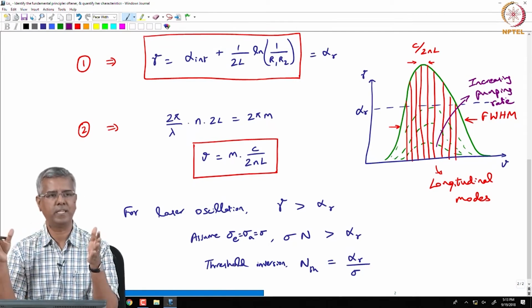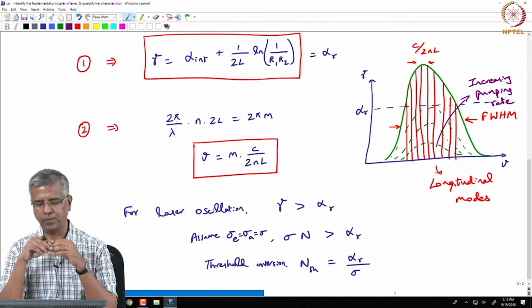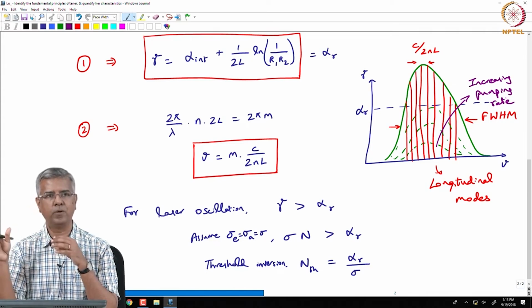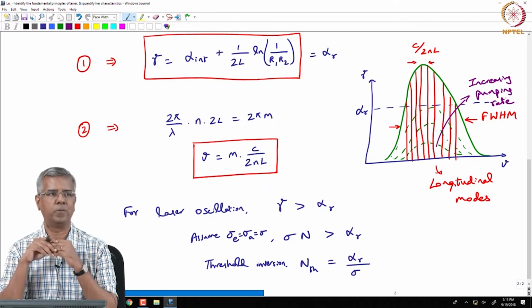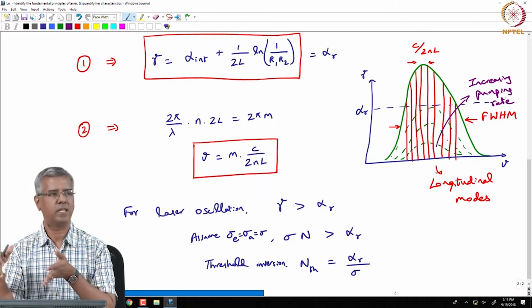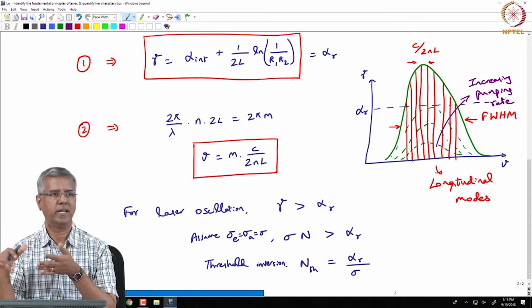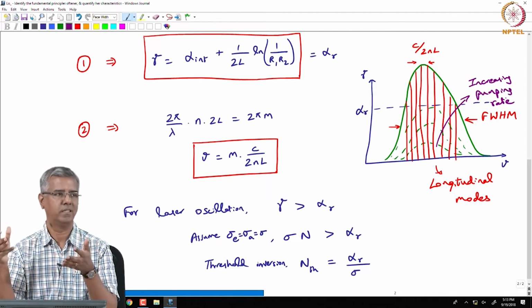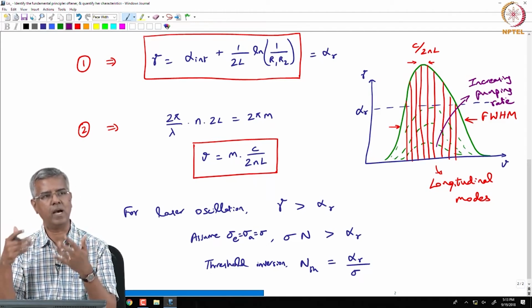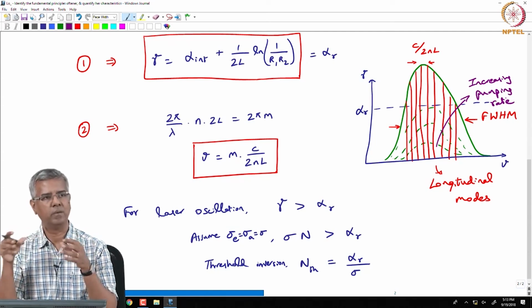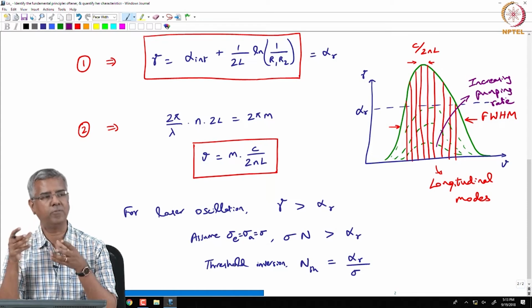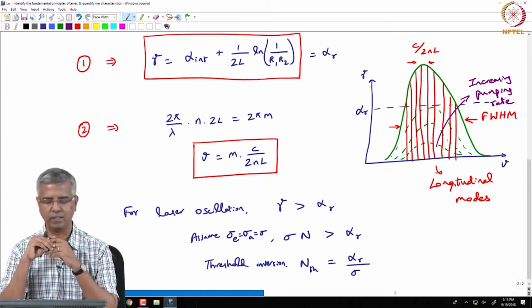So, the higher the reflectivity... When we were talking about Fabry-Perot interferometers, we were talking about the finesse of the Fabry-Perot cavity. So, this is actually a Fabry-Perot cavity, right. If you have very high finesse, that means the photon spends a relatively long time bouncing around. So, the lifetime is larger.